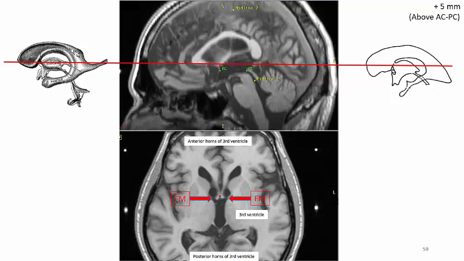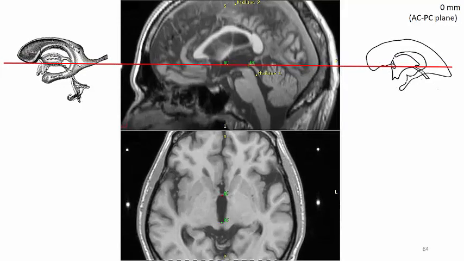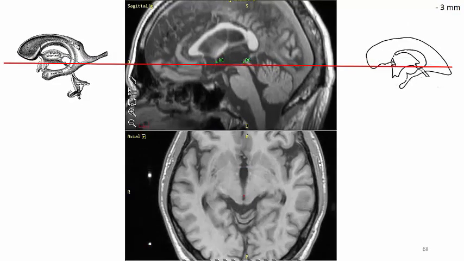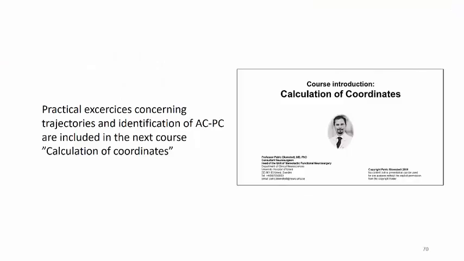Here we can follow the development step by step until we reach the AC-PC plane, and then we continue further down. Practical exercises concerning trajectories and identification of the AC-PC are included in the next course, Calculations of Coordinates.